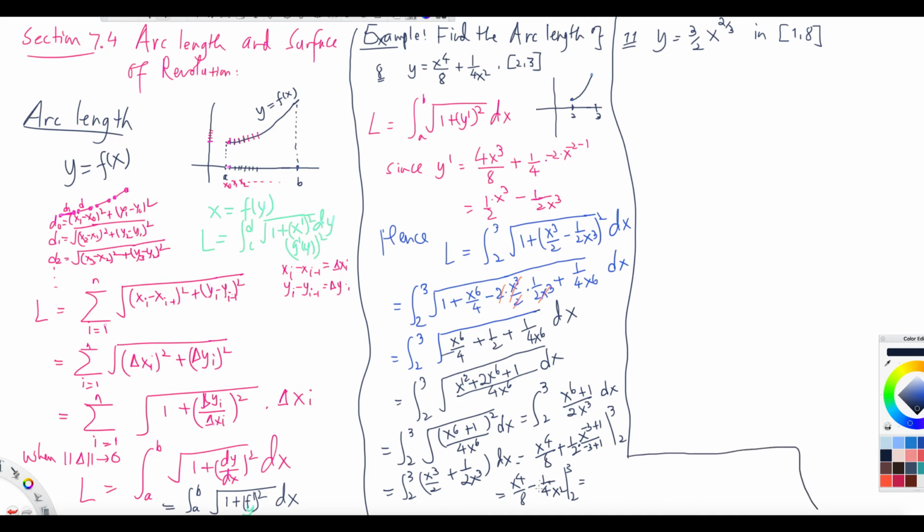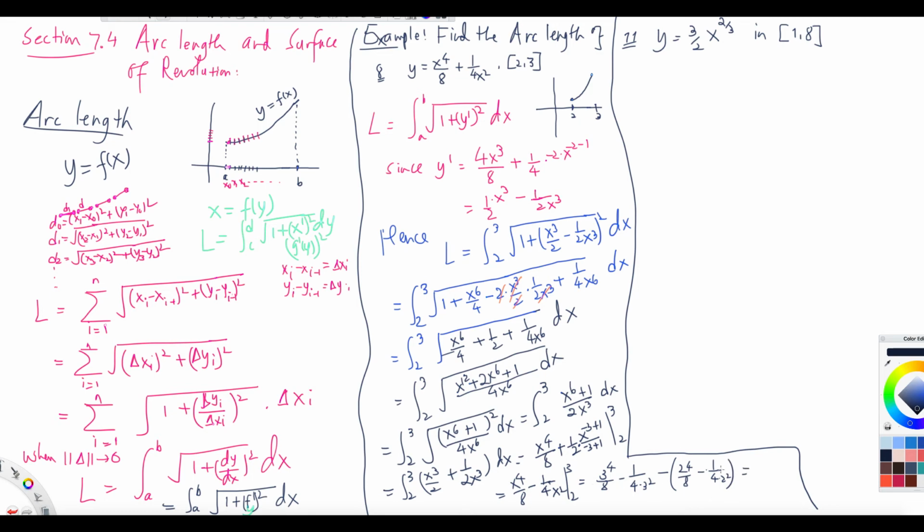So let me plug in 3 first: 3 to the 4 over 8 minus 1 over 4 times 3 squared, minus, let's plug in 2: 2 to the 4 over 8 minus 1 over 4 times 2 squared.